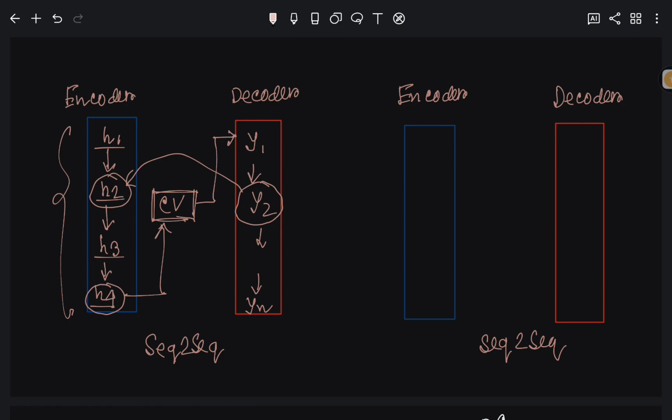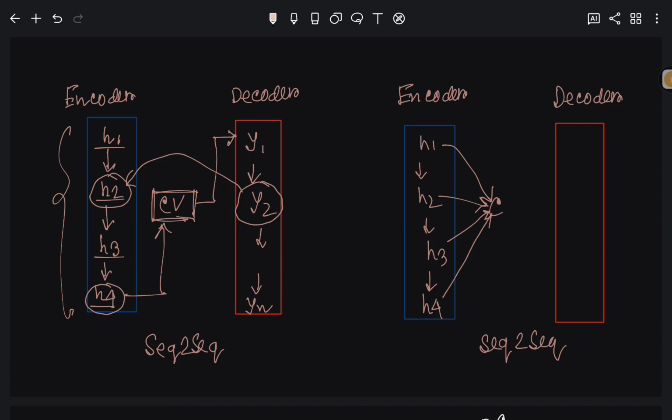So if I again take this example, we have h1, h2, h3 and h4. Now we have a context vector, which I am mentioning as C. This context vector will not only depend on h4, which it will always depend on, but it will also depend on the other previously generated hidden states in the unrolled version of the RNN.